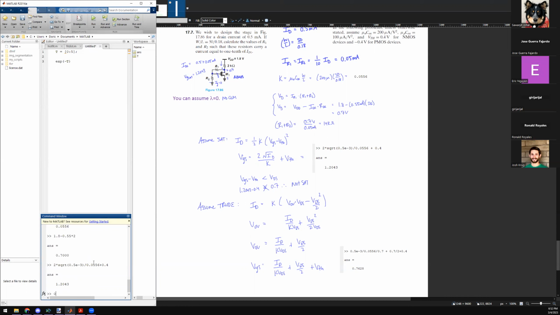VOV is equal to ID divided by K plus VDS squared divided by 2. And then divide by VDS again. And then the answer plus 0.4, which is 0.7268. Okay, that's not possible to get a voltage divider.